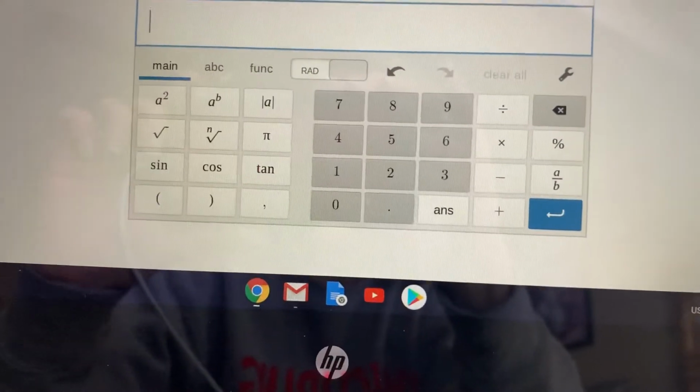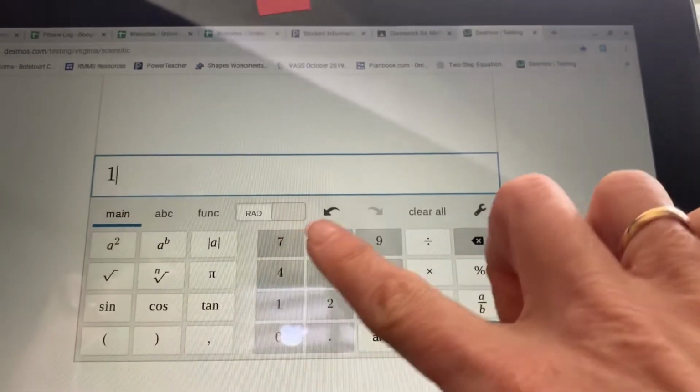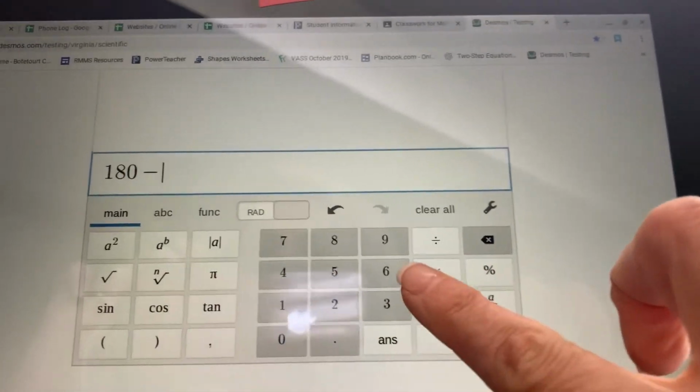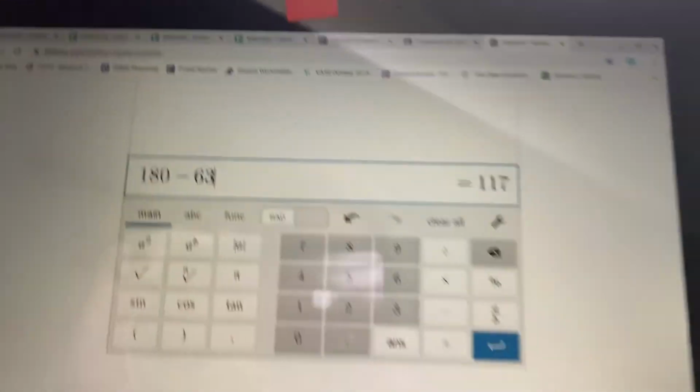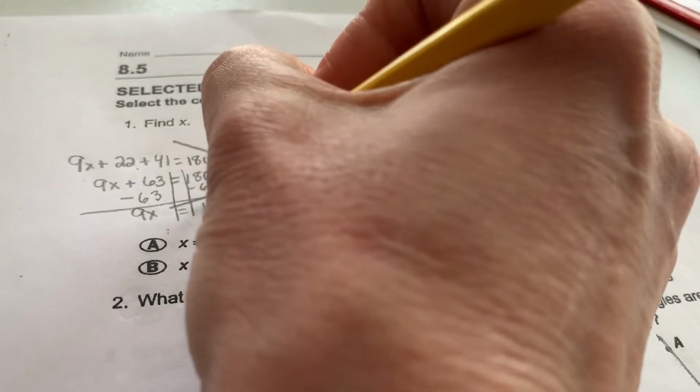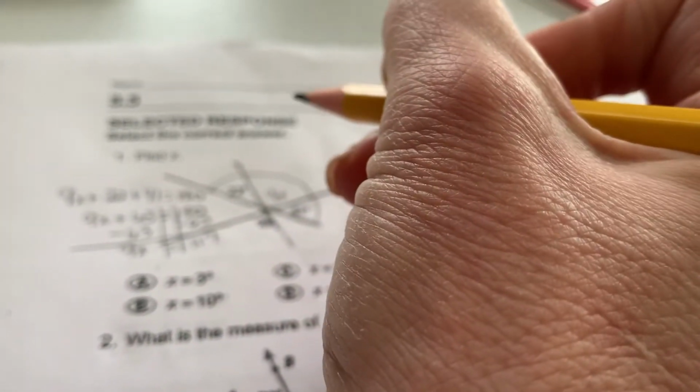So go up here and we're going to do 180 minus 63. We get 117. So 9x equals 117.